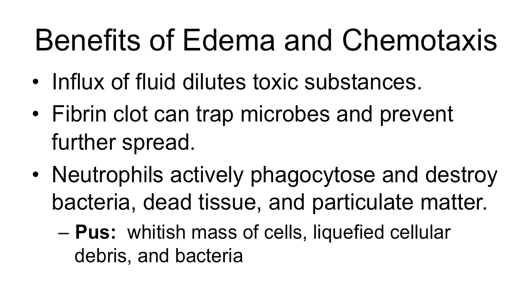So the pus that is often found after the area has been walled off by the fibrin clot is the mass of cells, liquefied cellular debris, and bacteria that accumulates after the immune cells have encapsulated the area of infection around the fibrin clot.